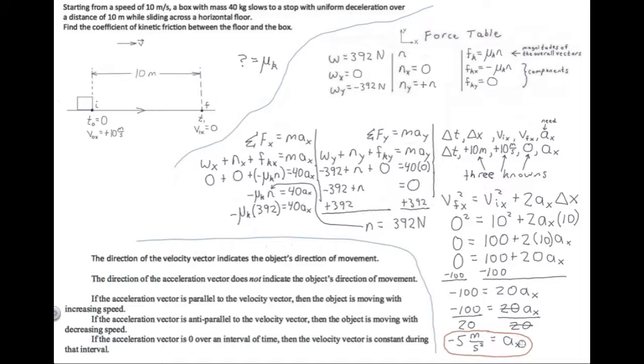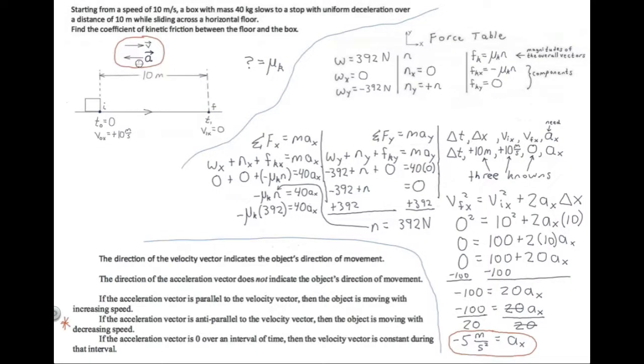Now let's ask whether our result for a sub x makes sense. Obviously, we need to check whether it makes sense that a sub x came out to be negative. Well, our negative x direction is to the left, so this negative sign means that a sub x is pointing to the left. Now, a sub y is 0, so that means that the overall acceleration is also pointing to the left. So now I've drawn a vector arrow pointing to the left to represent that the overall acceleration for this problem points to the left.